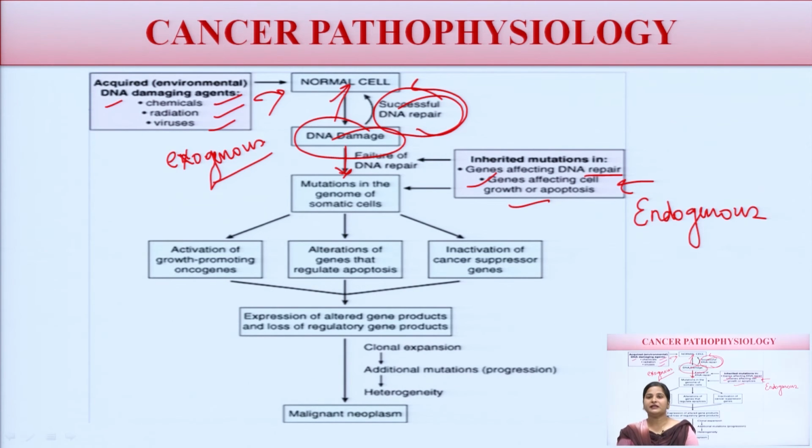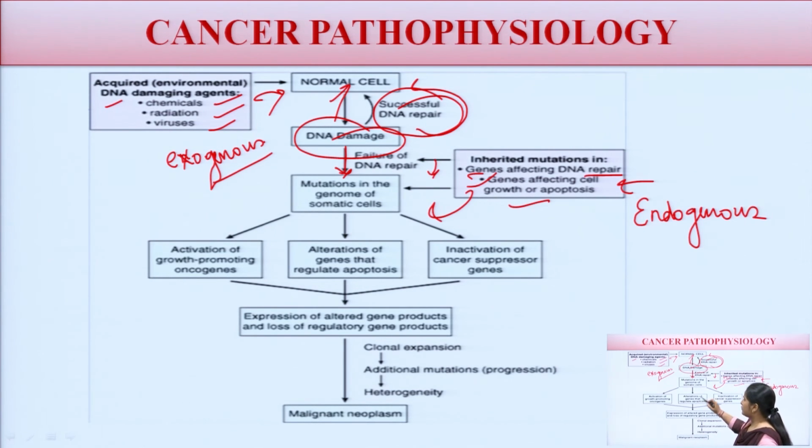So, when there is an inherited mutation in the gene affecting DNA repair, and the DNA repair gene gets damaged, what happens at that time? The DNA can't repair itself, because the DNA repair gene is already damaged, right. So, there is a failure of the DNA repair.